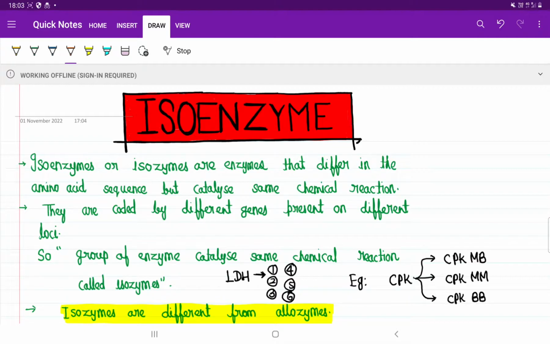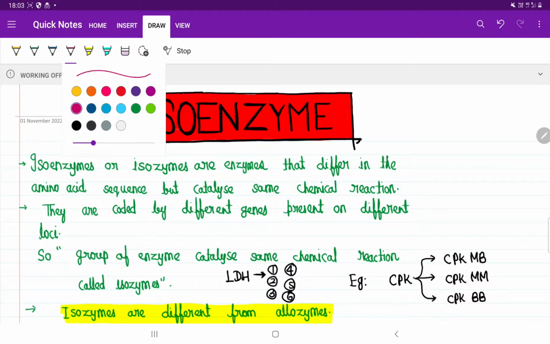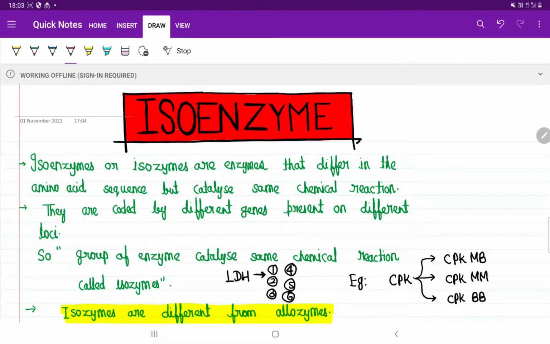The question is, what are isoenzymes? Isoenzyme is a group of enzymes. Generally we all know that each enzyme has its own substrate and converts it into product. But suppose I have one reaction where x is converting into y, where x is the substrate and y is the product.